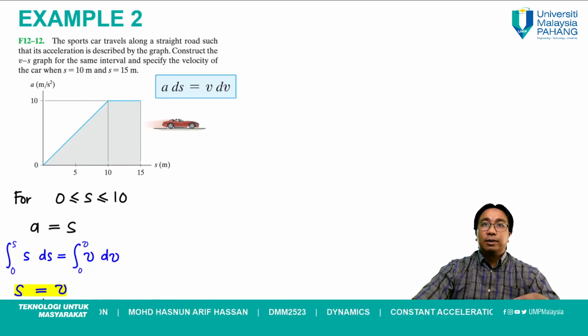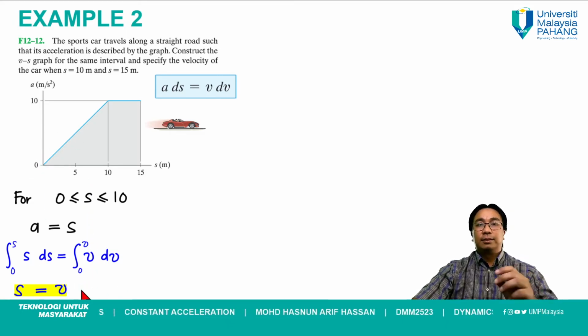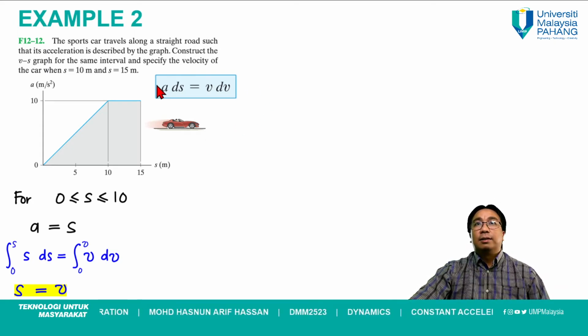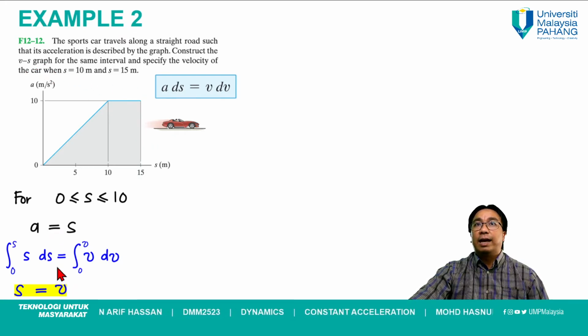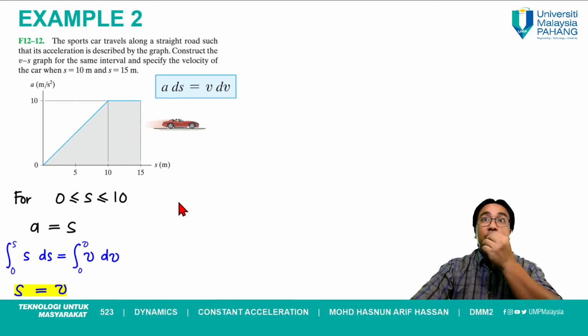So in the end, when you substitute everything, for the first phase, s is equal to v. So this is the first function, or we write it the other way around because we want the VS graph: v equals s in the first phase.